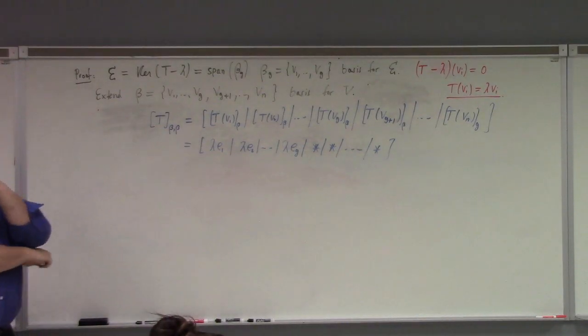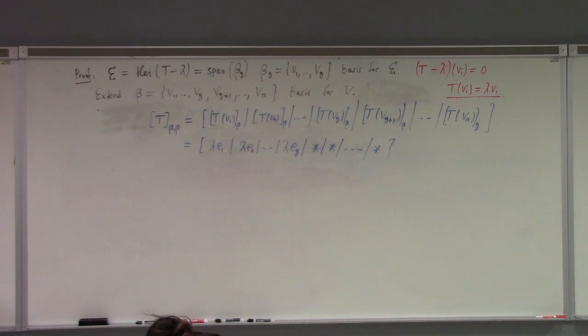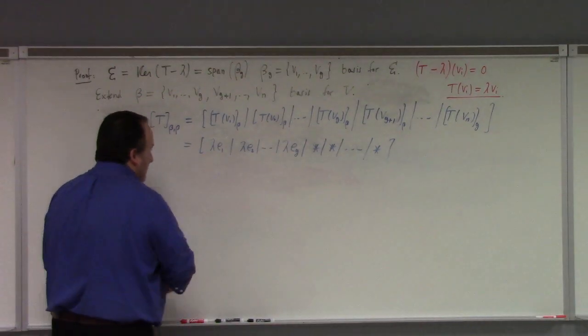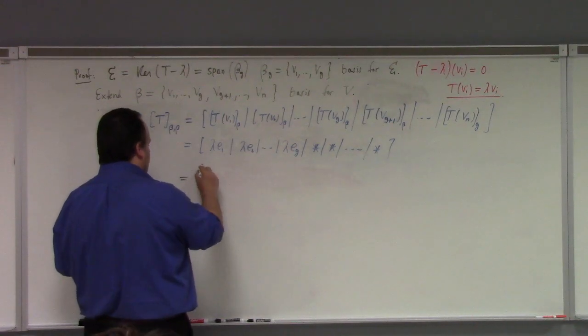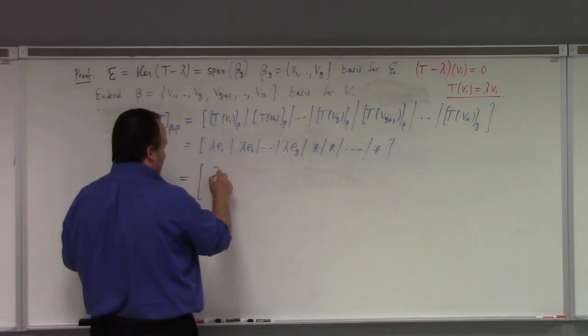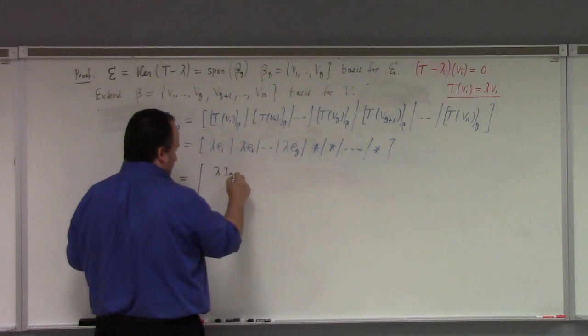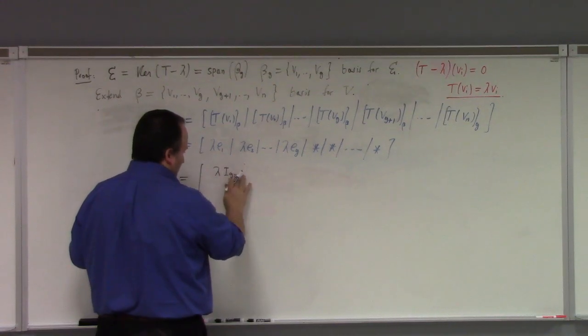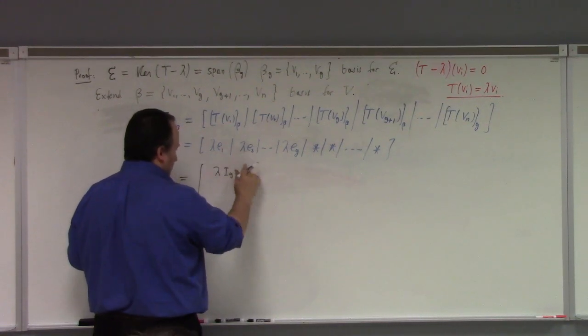Why do I have lambda times the standard basis there? Because I get lambda V1 for T of V1. And remember, if we're using the basis beta, then the coordinate map of V1 is E1, coordinate map of V2 is E2, right? So what we're looking at then is, in block form, lambda times the G by G identity, which you could write as IG if you like.